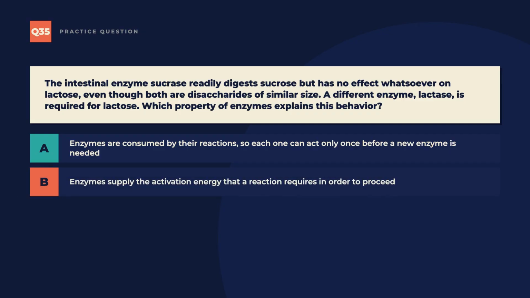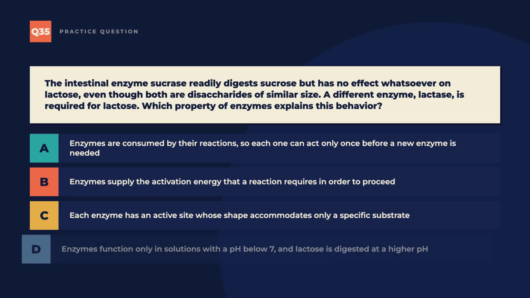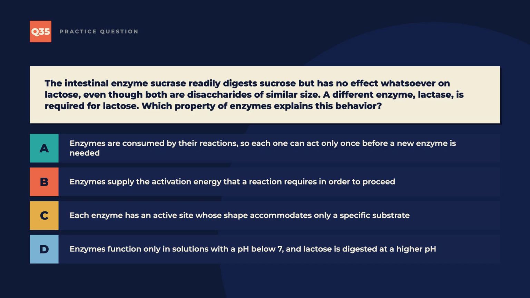B. Enzymes supply the activation energy that a reaction requires in order to proceed. C. Each enzyme has an active site whose shape accommodates only a specific substrate. D. Enzymes function only in solutions with a pH below 7, and lactose is digested at a higher pH. Before I reveal it, which one do you think is right?